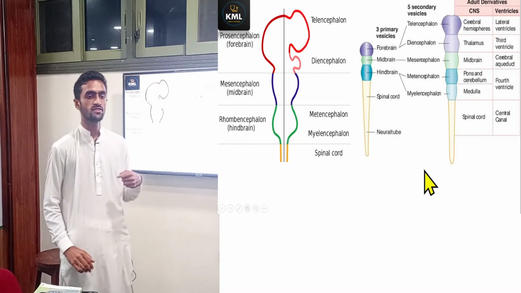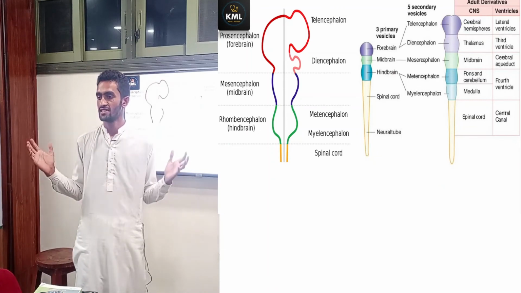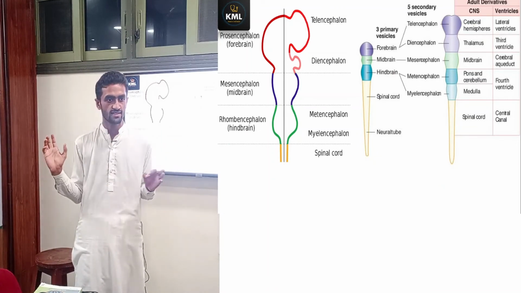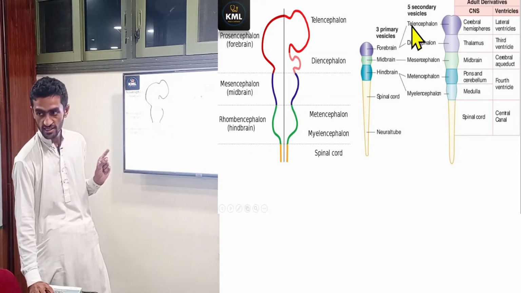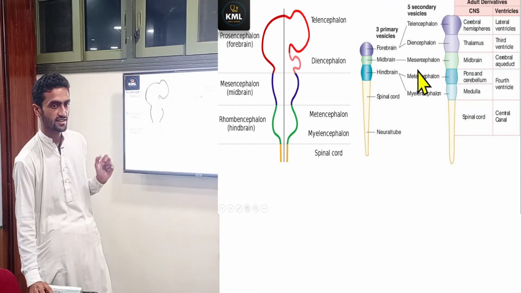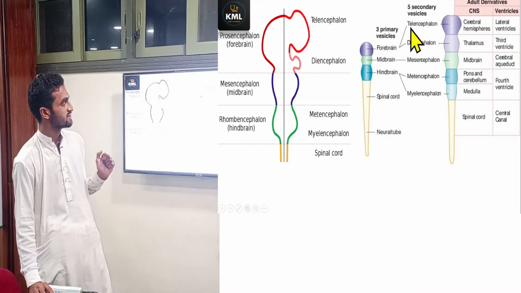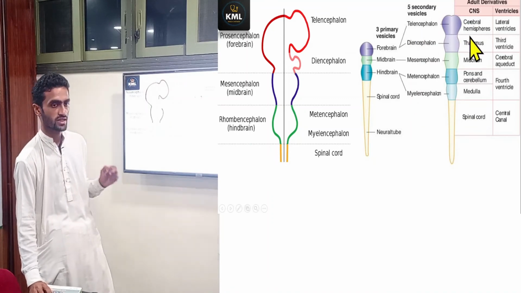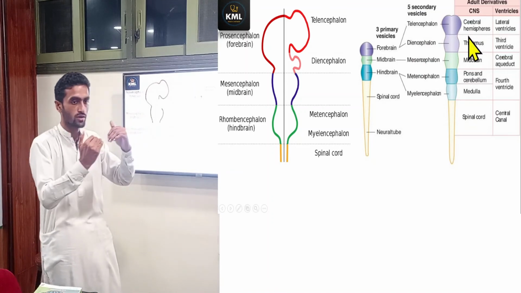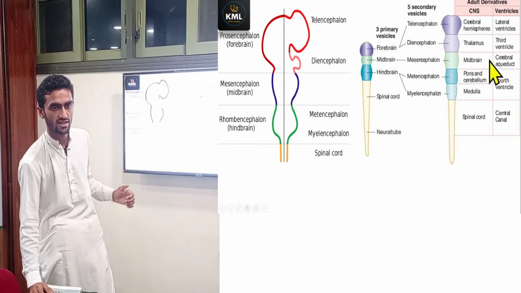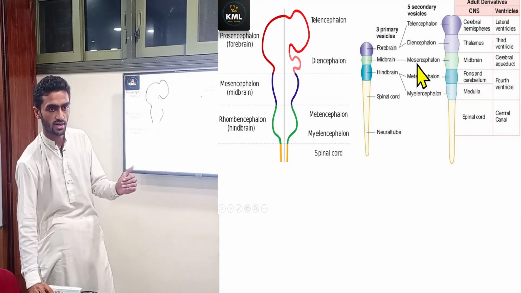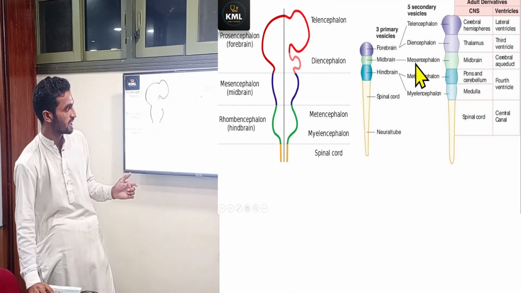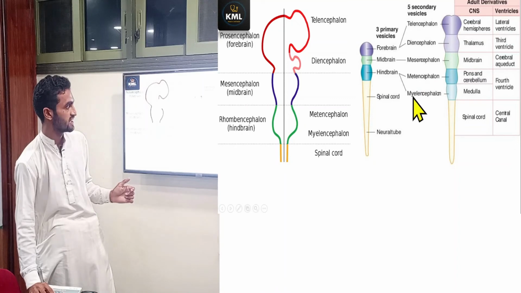Can you tell me which ones are the secondary vesicles? Telencephalon, diencephalon, mesencephalon, metencephalon, and myelencephalon: first, second, third, fourth, and fifth. An easier way: telencephalon is going to your cerebral hemisphere, and diencephalon is going to the thalamus, and you can follow the alphabet.